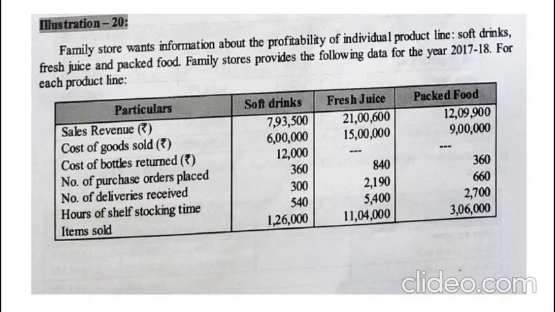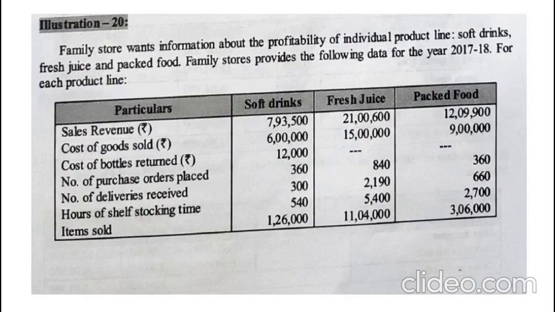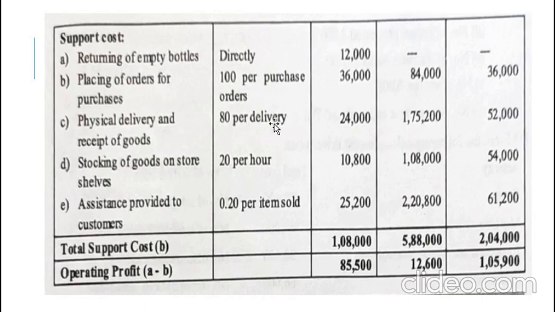Then for fresh juice, 2,190 is the number of deliveries required. So 2,190 into 80 per delivery will give us 1,75,200.